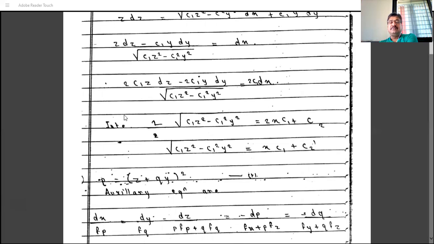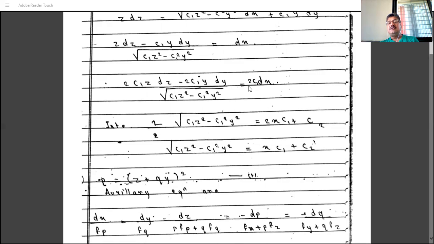What is the derivative of this quantity? It is 1 by 2 times this, into the derivative of this quantity, which is 2 times this. So this 2 gets cancelled, and this right side is 2 dx only, not c1.